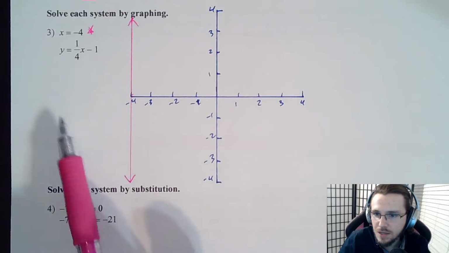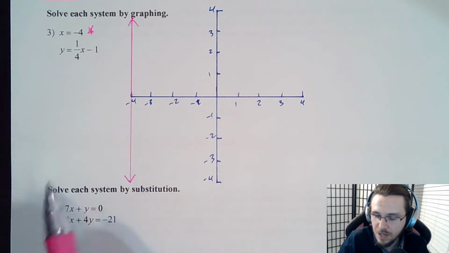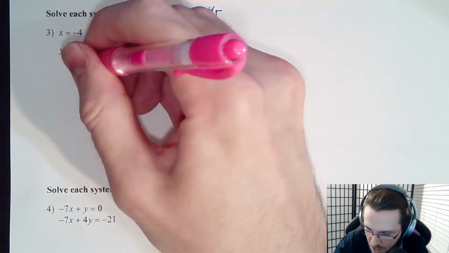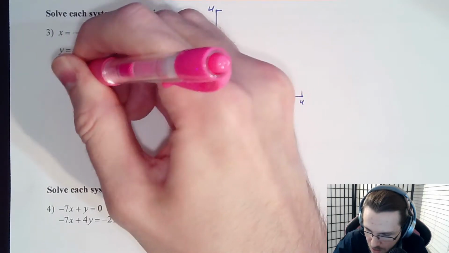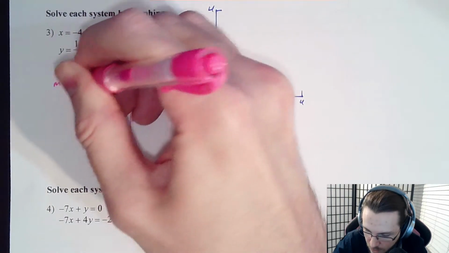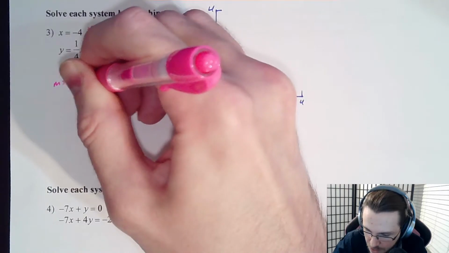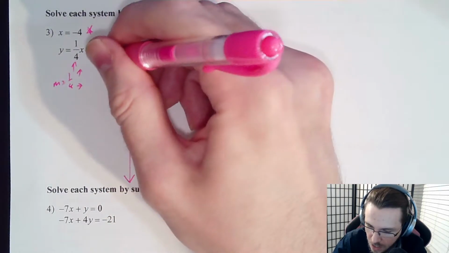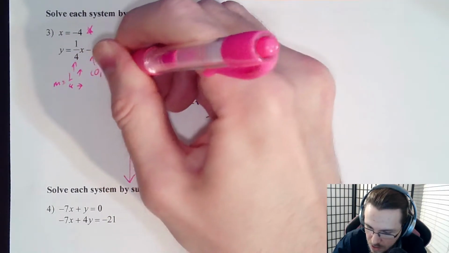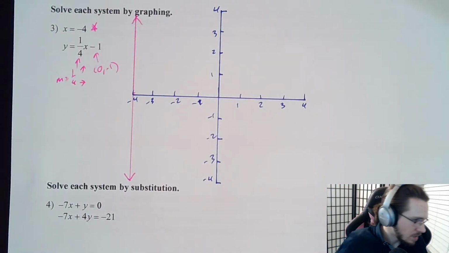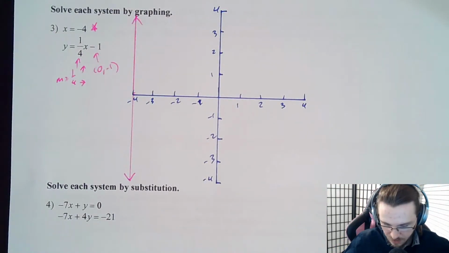And now y equals 1/4x minus 1. What does that mean? It means that our slope is 1/4, so we're going up 1 and to the right 4. And this means our starting coordinate is 0, -1. I don't know why I was writing that in pink, because I have to graph it in a different color.